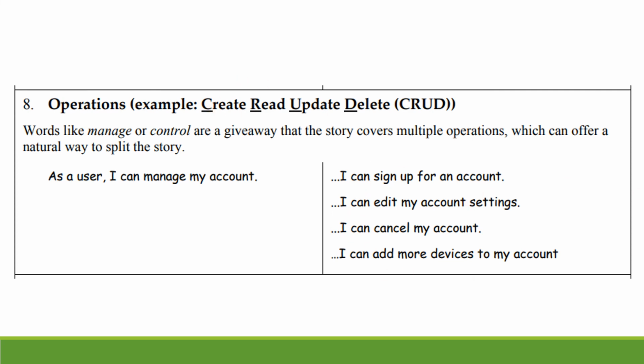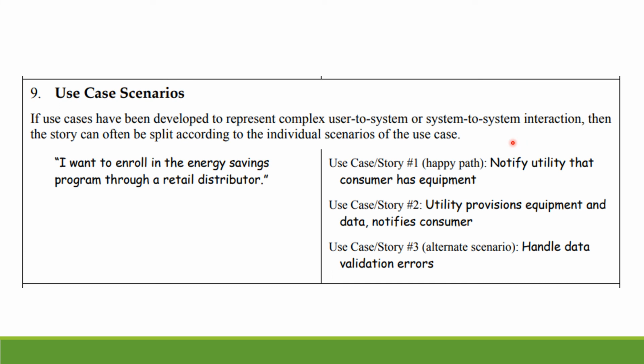It's a simple application. Use case scenarios. Based on use case scenarios, you can split your stories. I want to enroll in the energy savings program through a retail distributor. That's the biggest story.